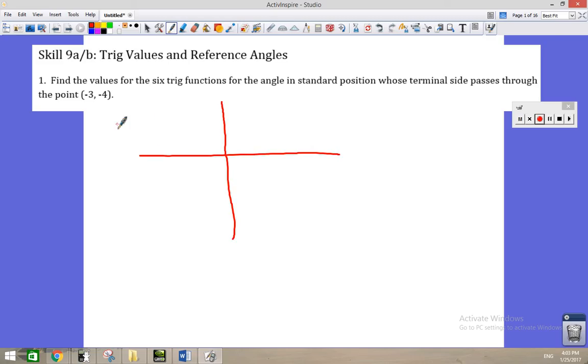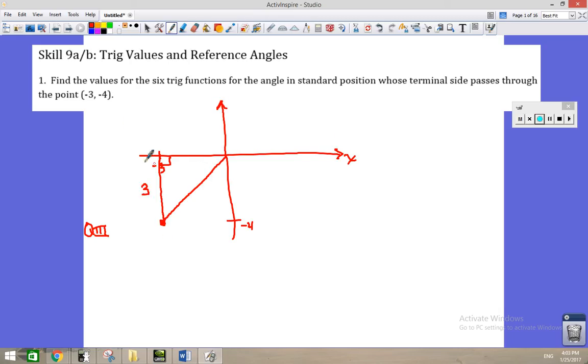So -3, -4 is a point down here in the third quadrant. We always make our triangle with the right angle with respect to the x-axis.